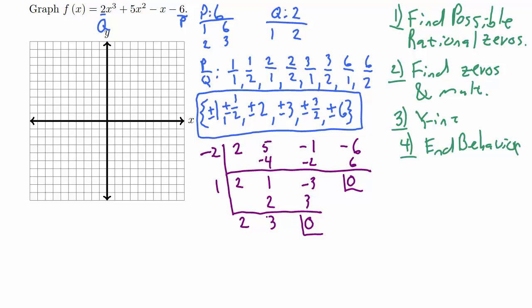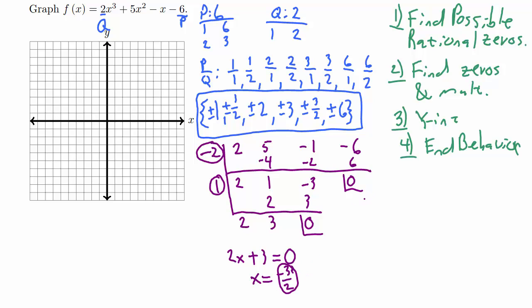Because this is degree 2, that means that this is degree 1, so this is just a linear polynomial. So what I'm going to do is take that 2x plus 3 and set it equal to 0 and solve. Subtract 3, divide by 2, so x is equal to -3/2. So what I've just done is I've shown that -2, 1, and -3/2 are zeros.